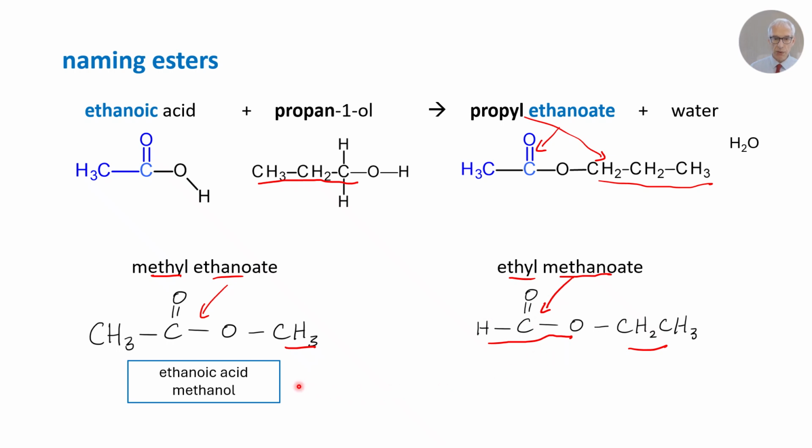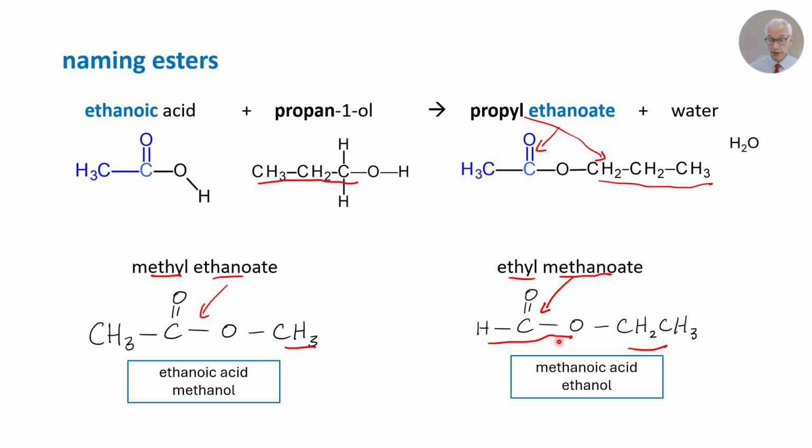If you weren't able to solve that problem, try and give me the acid and the alcohol that would react to make ethyl methanoate. Stop the lesson, have a go. Okay, so restarting.